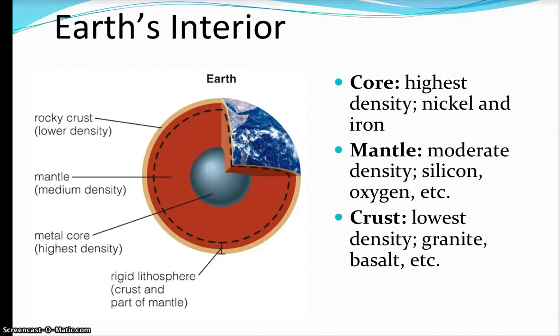We move on to the intermediate layer, the mantle, which has intermediate density, and then finally at the surface we have the crust, which has the material of the lowest density. This is what we mean by differentiation: the interior has separated into different layers of different densities.